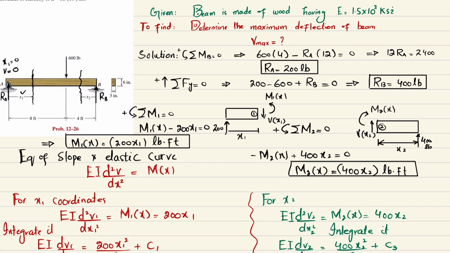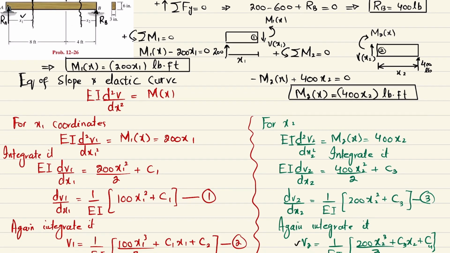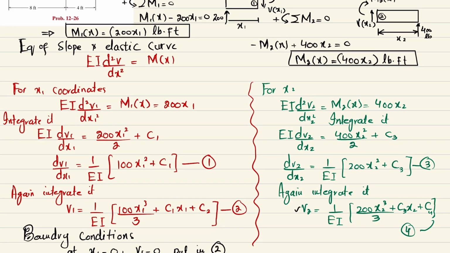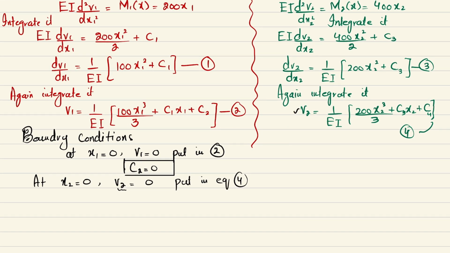If you put x is equal to 0, this term will be 0, and v is equal to 0, it means that c4 is also 0. So I will write c4 is equal to 0.